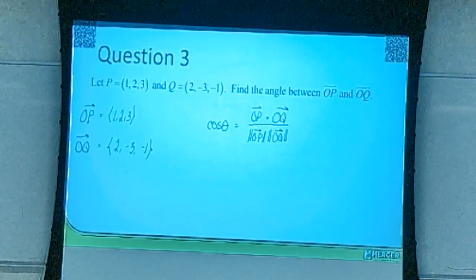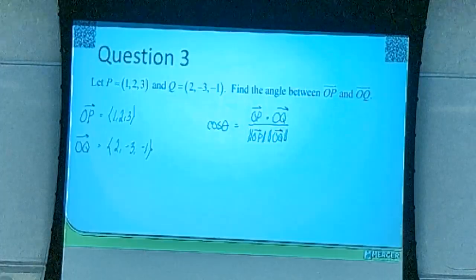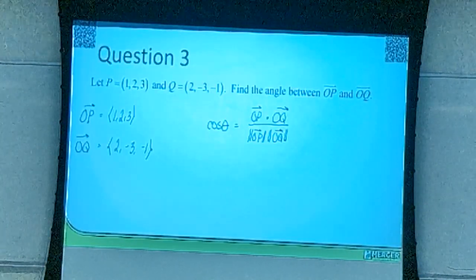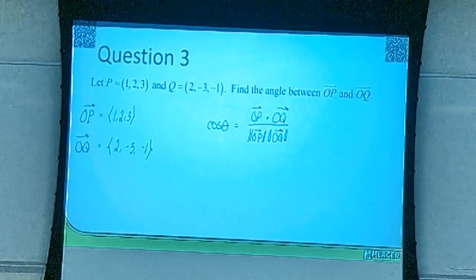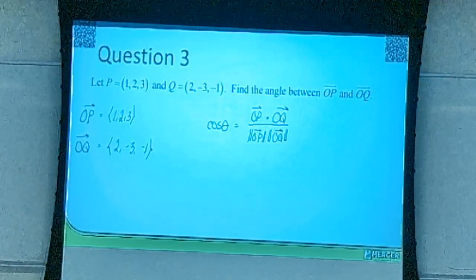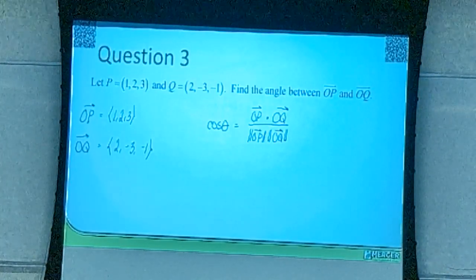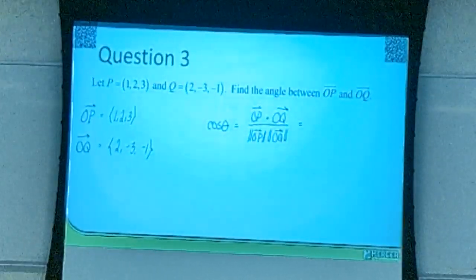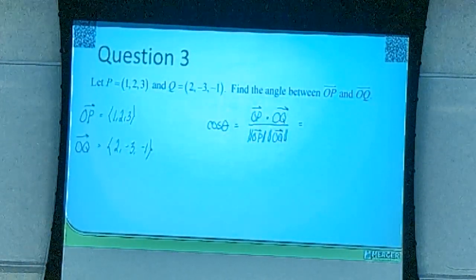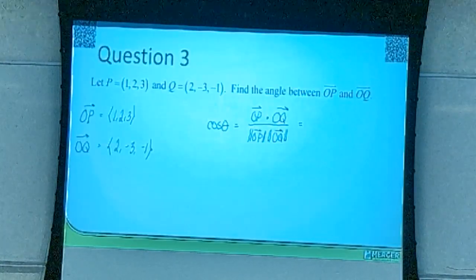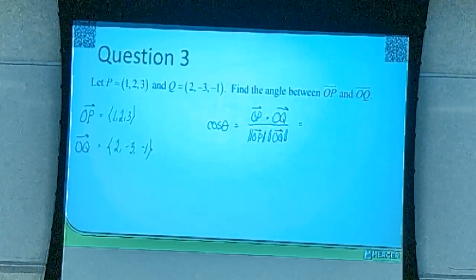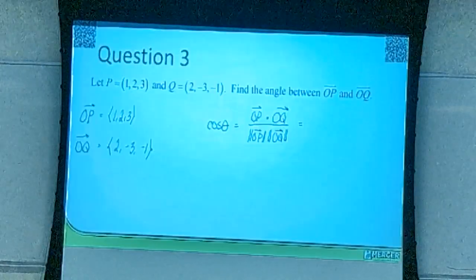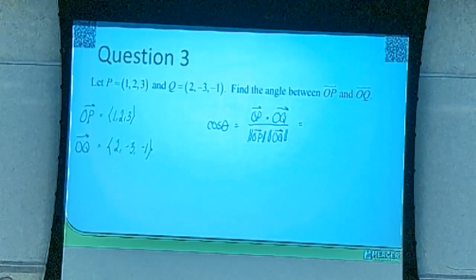Right, by solving the relation that we were given earlier, you can say that cosine of theta is the dot product of the vectors divided by the product of their magnitudes. So the dot product would be what? 2 minus 6 is negative 4, minus 3, negative 7.